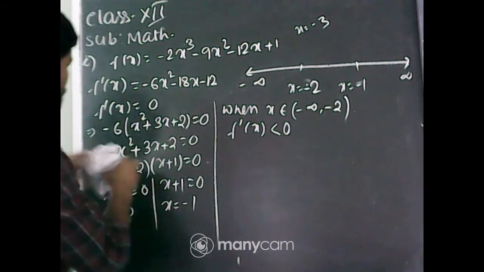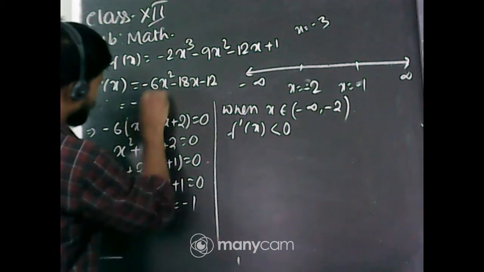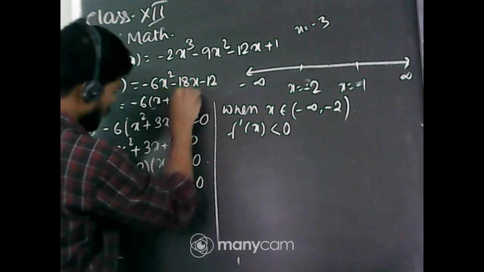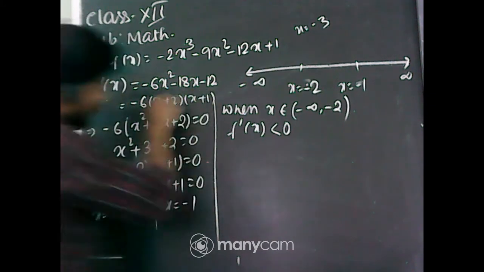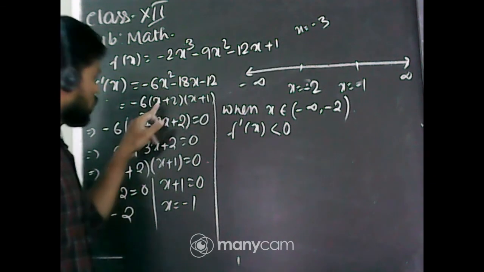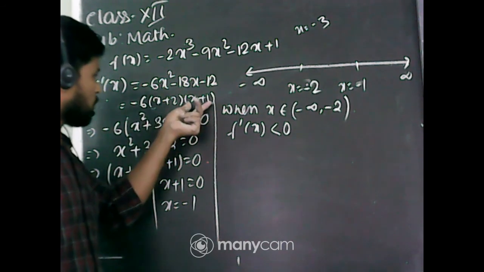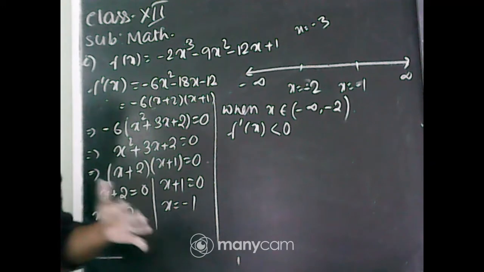Actually we can rewrite it as minus 6 into x plus 2 into x plus 1. Now if you check the sign of f'(x) by taking x equal to minus 3, so minus 3 plus 2, that is minus, this is also minus, so minus into minus into minus, the final answer will be minus.